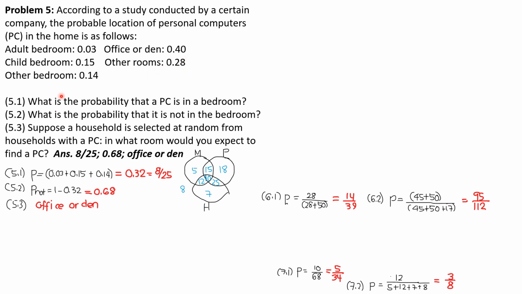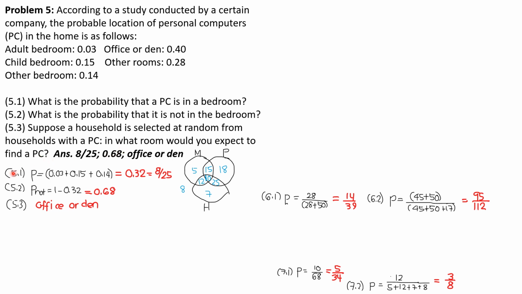So 5.1, what is the probability that a PC is in a bedroom? What is the probability that it is not in the bedroom? And suppose a household is selected at random from households with a PC. In what room would you expect to find a PC?